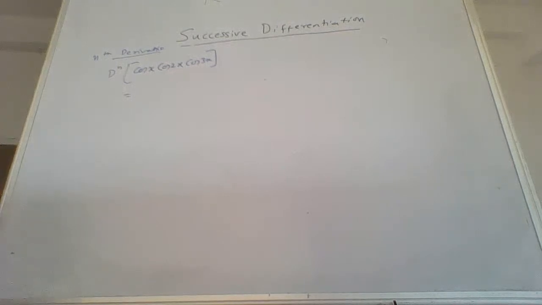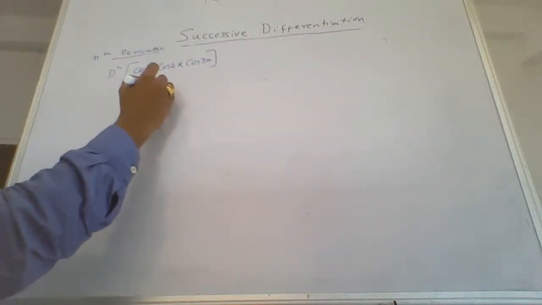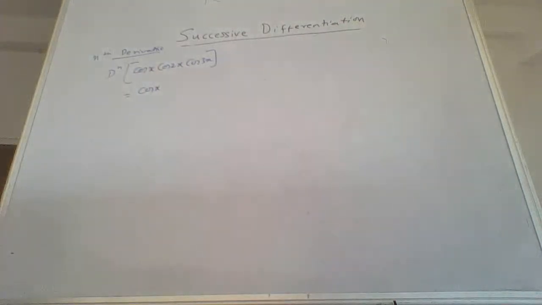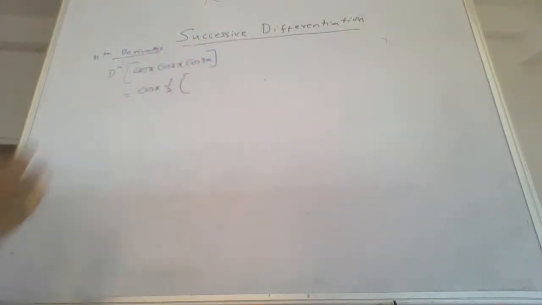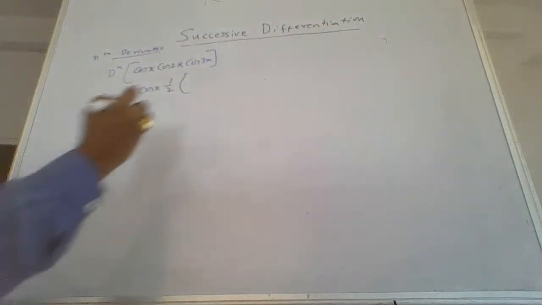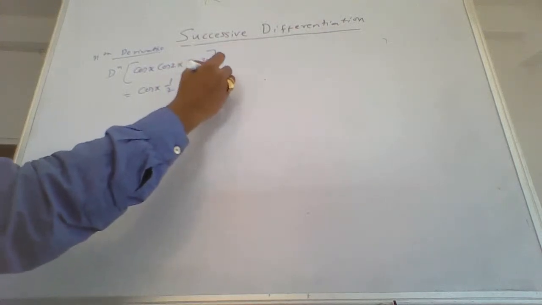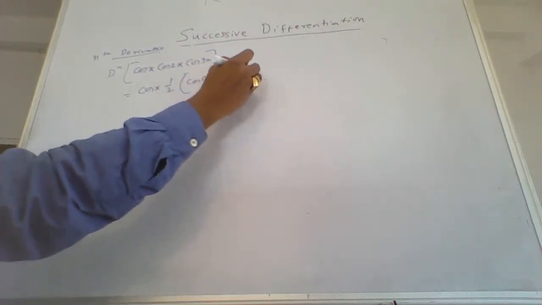Let us find the nth derivative of this. Let us keep cos x like that, and cos 2x cos 3x, I can write this as half of cos 5x plus cos x.